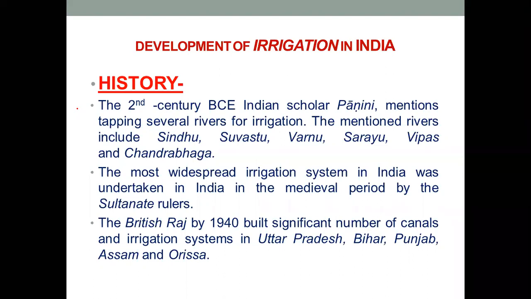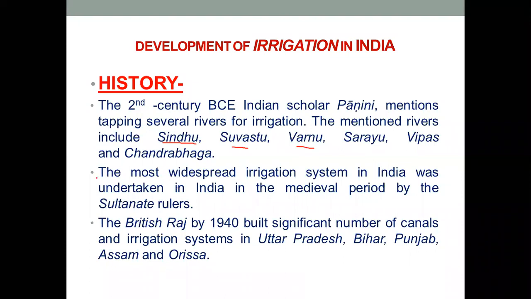That means before Europe, before Africa, before any country on the earth, our Indian civilization was constructing canals when many people did not even know the concept of canals, okay. And canals were constructed from many rivers, diverting from many rivers such as Sindhu river, Suvastu river, Varnu, and the other rivers, okay.